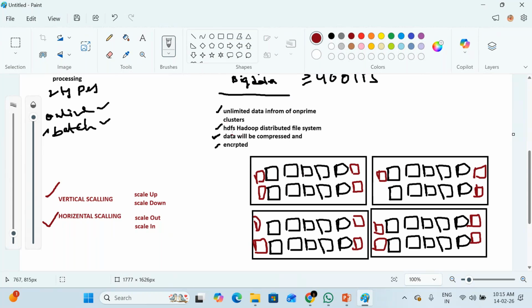Next, the HDFS file system. Whatever format you give the data in, such as a table format, the data will be stored in the form of files, like .tgz files, .csv files. The file you give is compressed.